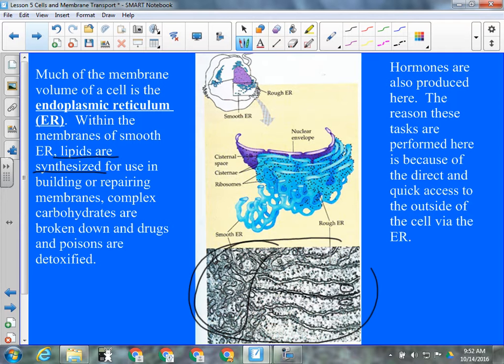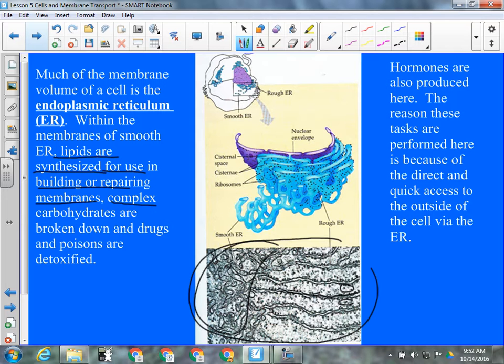Our diet as North Americans contains way more fat than we actually need. But we need fat. Make no mistake. If you're not eating fats, that's not good. You need fats in your diet, because that's what all your cell membranes are made out of. It keeps your skin healthy, things like that. But you don't need to consume as much as the average North American consumes. So the lipids are synthesized, and those are used for building or repairing membranes.